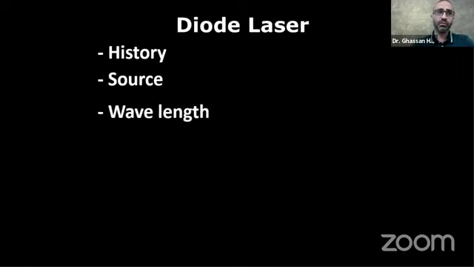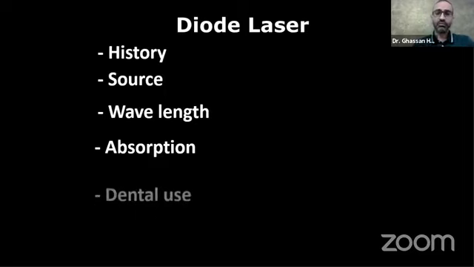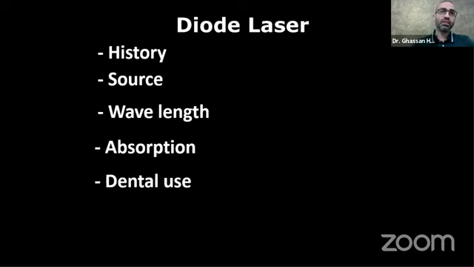The most famous wavelengths are 810 and 980. Absorption of diode lasers is usually in pigments. That's why it's a good hemostatic agent, because blood is red in color, and to some extent in water, but a little bit.